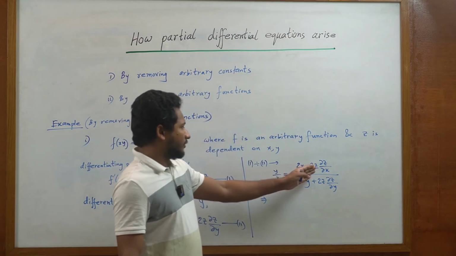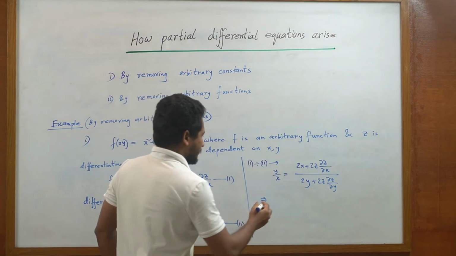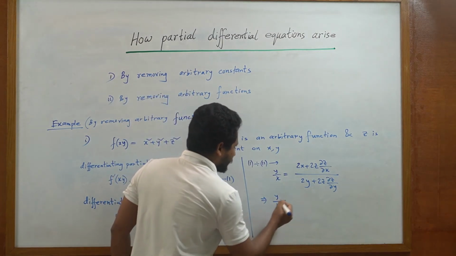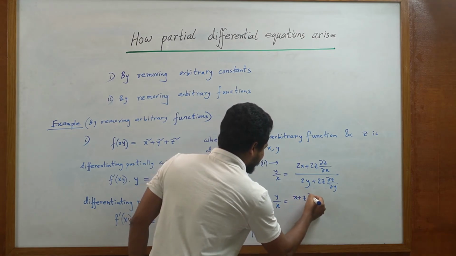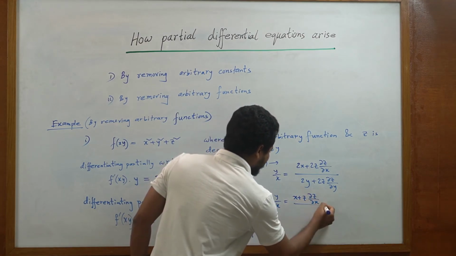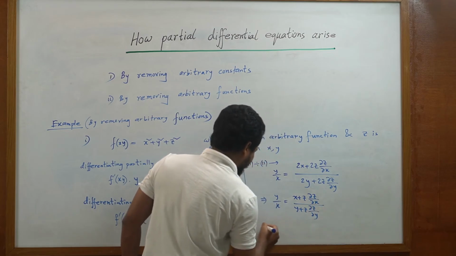Now 2 is removed from the numerator and the denominator, so the equation becomes y by x equals x plus z del z del x by y plus z del z del y.